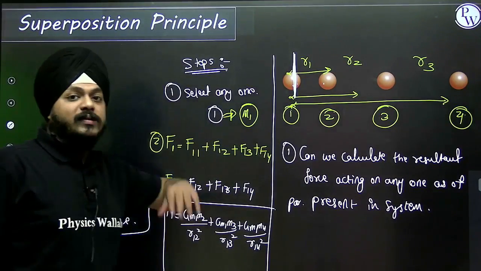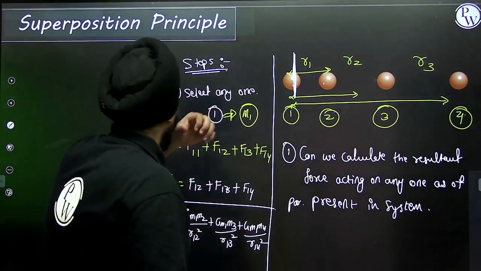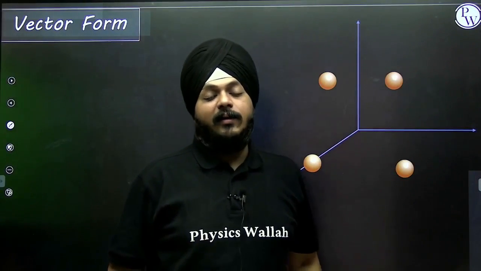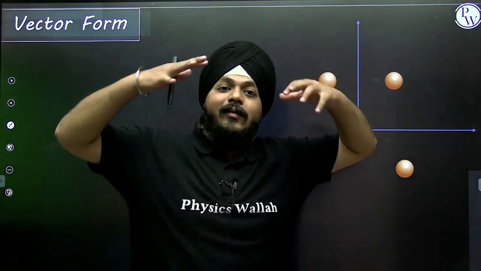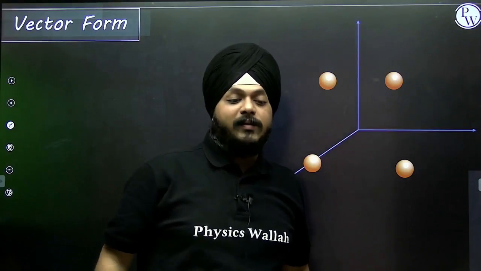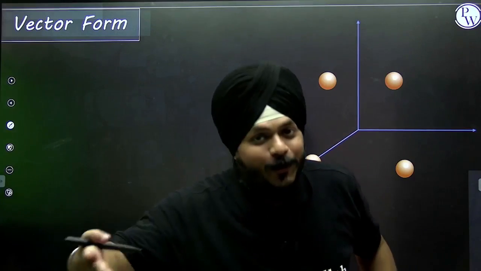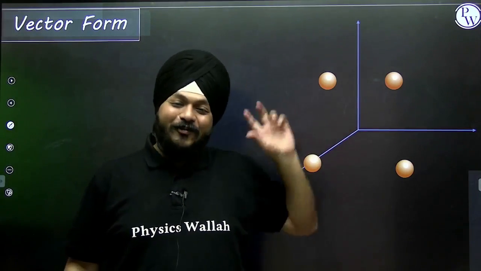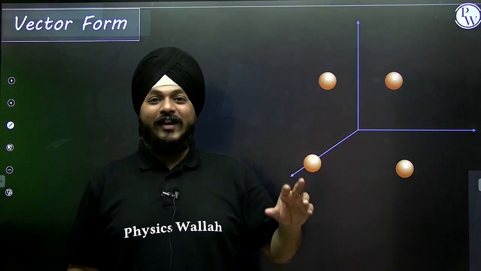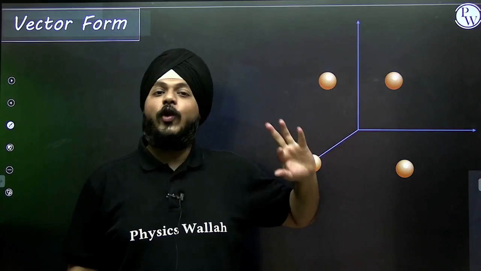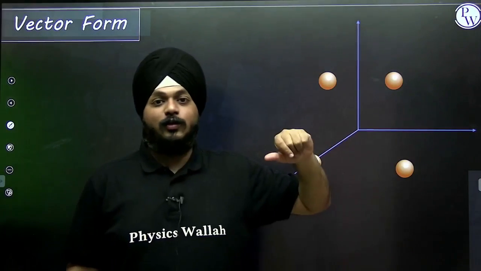Now suppose I have another question in mind. If these particles are present at any position in three-dimensional space, then how are we going to define it? If it is going to overcome one of the limitations of Newton's law of gravitation, then for sure it is going to overcome it in the vector form also.